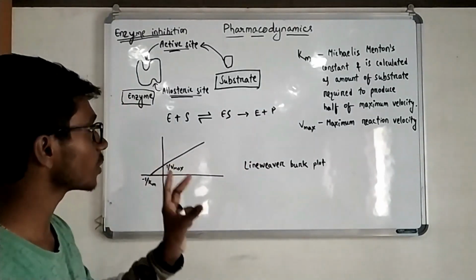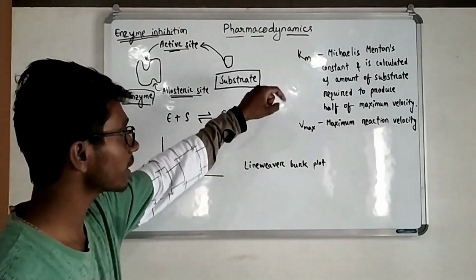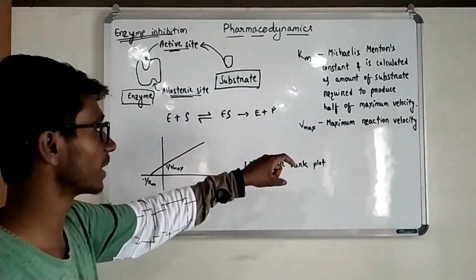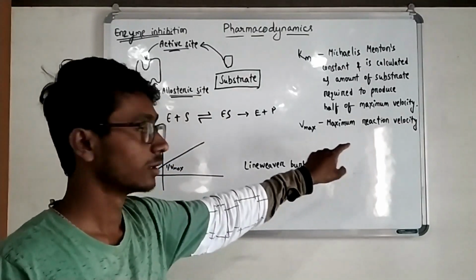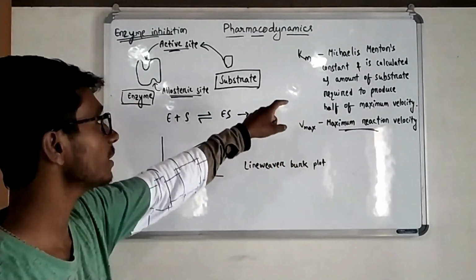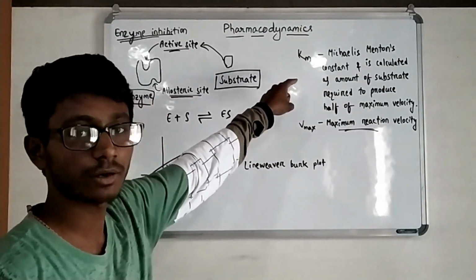So the enzyme and substrate go on a reaction, and here we can see our Km and Vmax. So let us see what is Km and Vmax. Vmax is our maximum reaction velocity, and Km is our Michaelis-Menten constant. In the Lineweaver-Burk plot we can see our Km.